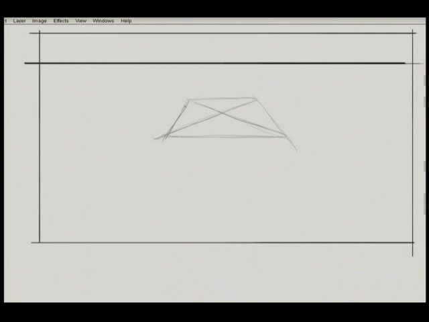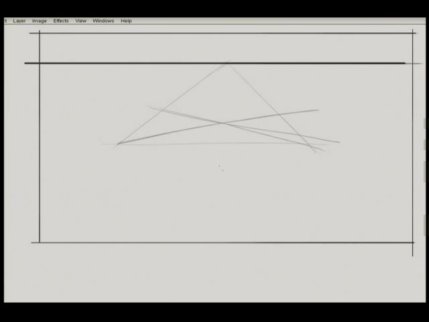The more I squish the X, actually if I pick a vanishing point up there, the closer we are to the ground.